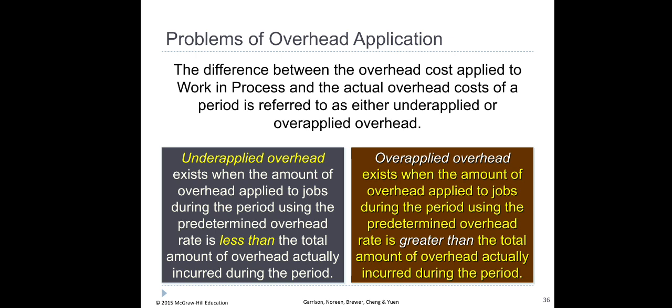So one of the problems that will happen is at the end of the year, you will get two figures for the total overhead cost for the business. One is the total overhead cost that you calculated using estimated or budgeted data. The second figure is the actual overhead cost that you have recorded in your journal or ledger.